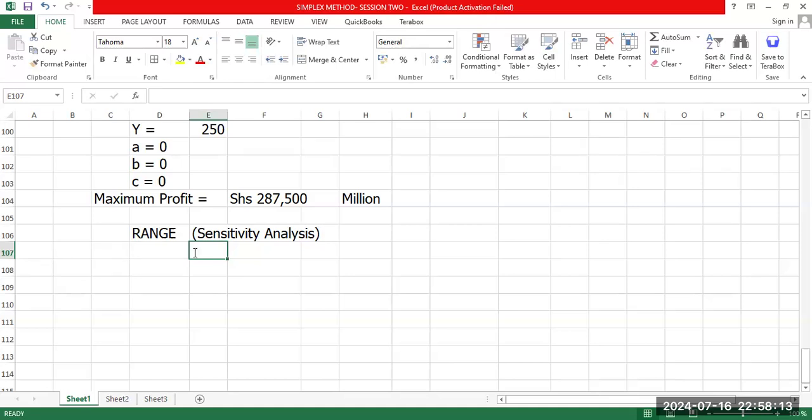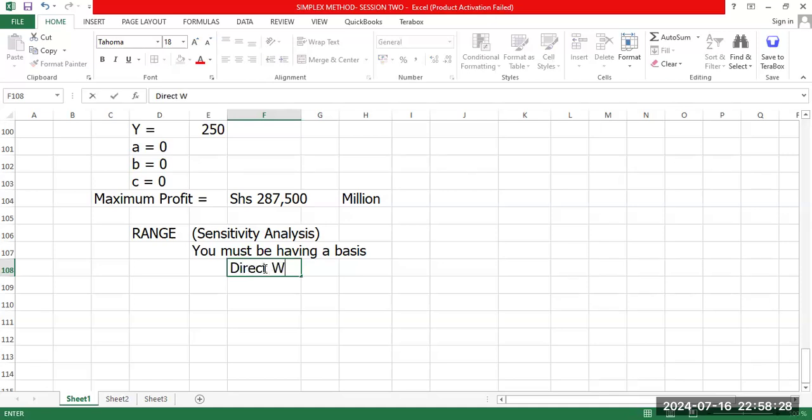You must be having the basis. And for this question, what is our basis? We are focusing on what? On direct wages. That is our focus.